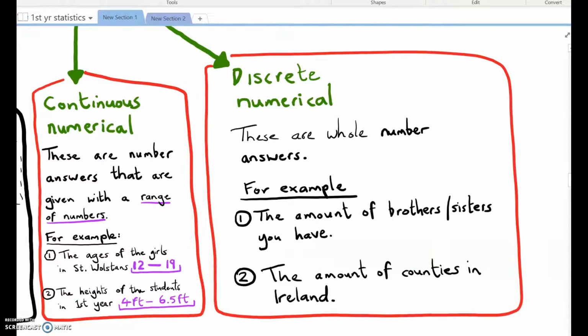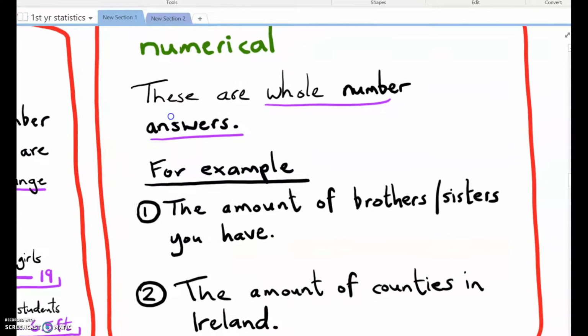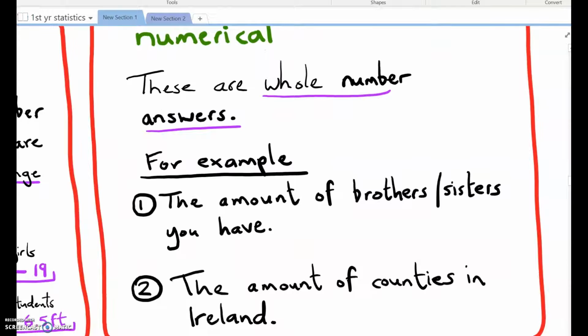Now, discrete numerical is when you give a whole number answer. There's no messing about. You definitely know the number. For example, the amount of brothers and sisters you have. Well, I have 2 brothers and 2 sisters, so I have 4. I don't say between 4 and 6, because I know definitely how many brothers and sisters I have.